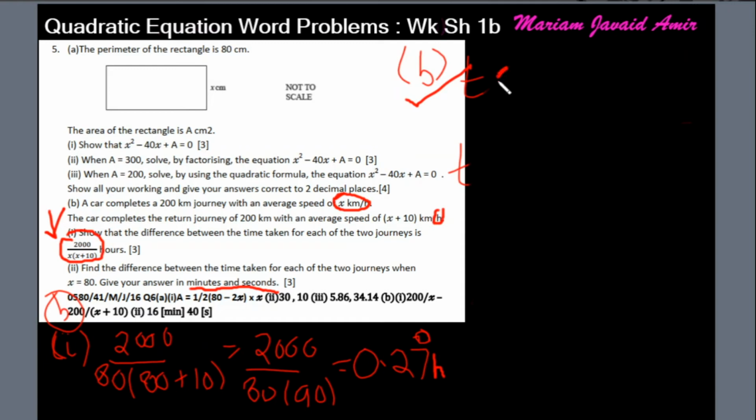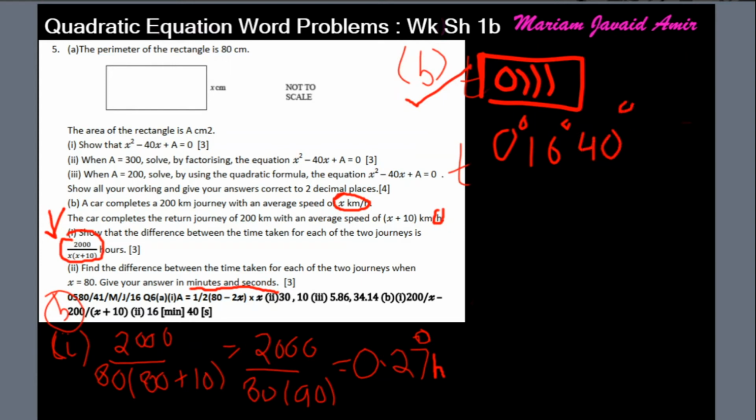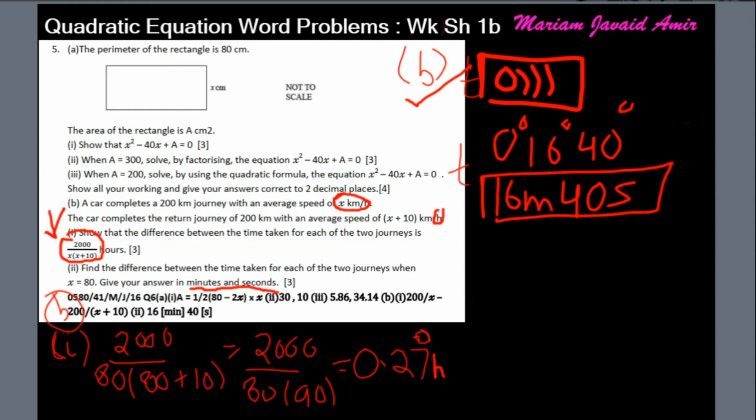You have this screen on your calculator, it has a small dot and then 3 commas. Press this key and this will give you the answer 0, 16, 40, which means 0 hours, 16 minutes and 40 seconds, which is your answer for part 2.